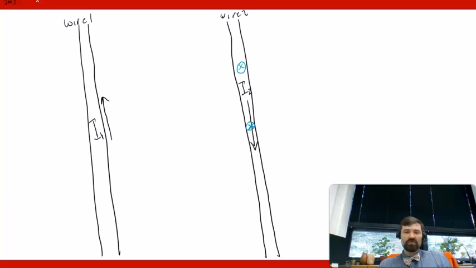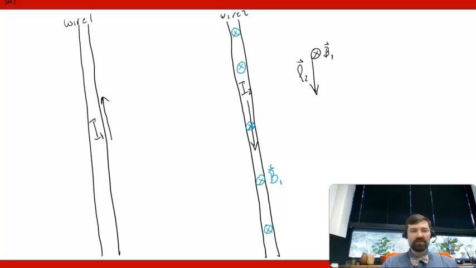If I draw a representation of this magnetic field at the location of wire 2, we could call this B1, and it is going to apply some force on I2. By the right-hand rule, that force, let's do it in green here, will act in this direction. We could call this the force of wire 1 on wire 2.